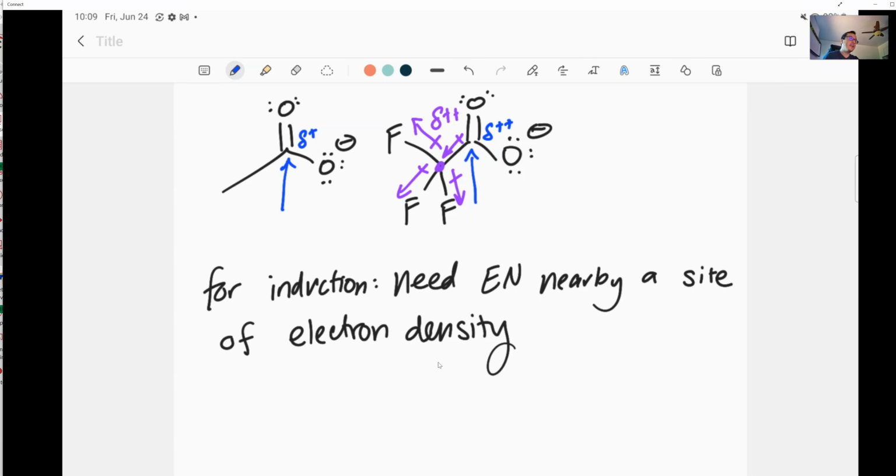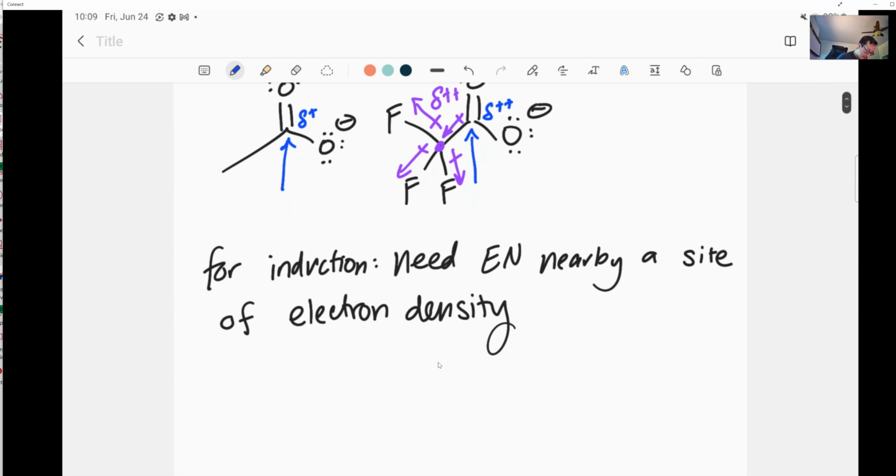And so as the electron density gets pulled away from that site of negativity, those oxygens with their extra electrons, that's going to overall stabilize the molecule. So the whole point of induction is it's a minor way of being able to relieve some extra electron density around a center.